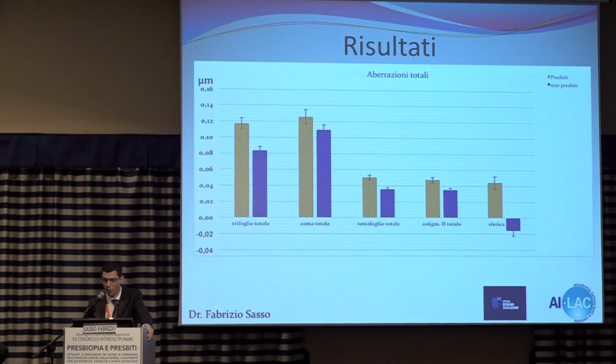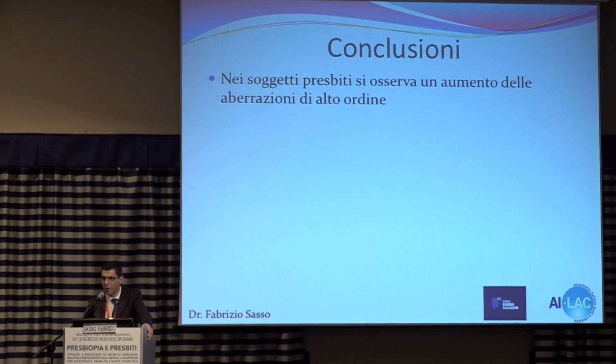Only the coma aberration has values above 0.05, while coma trefoil don't have such statistical significance. Therefore, the most clinically significant aberration has a level of statistical significance which is very high.